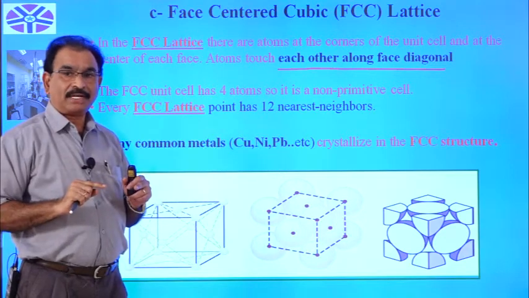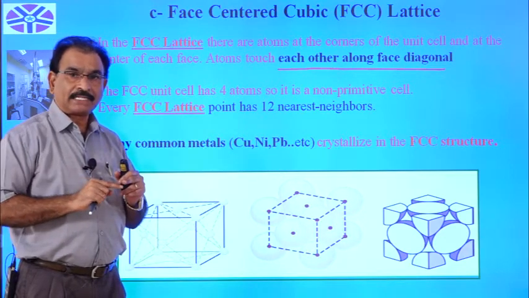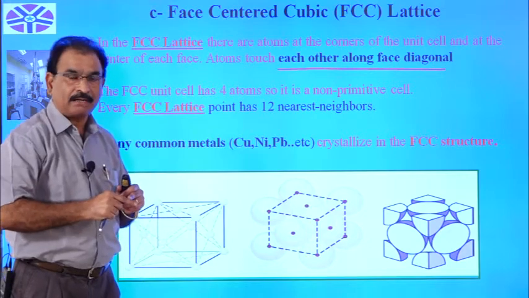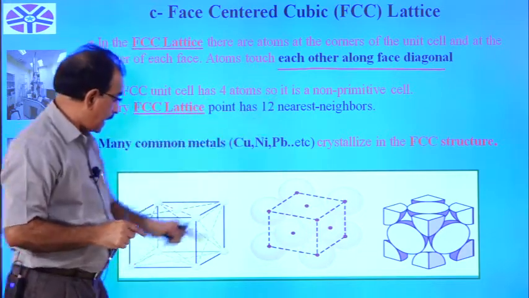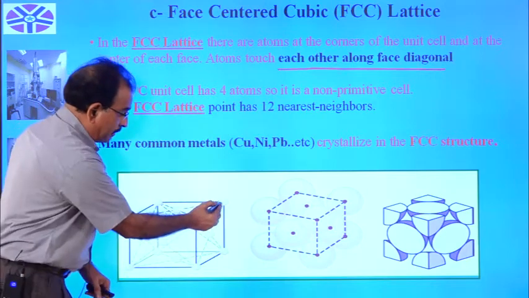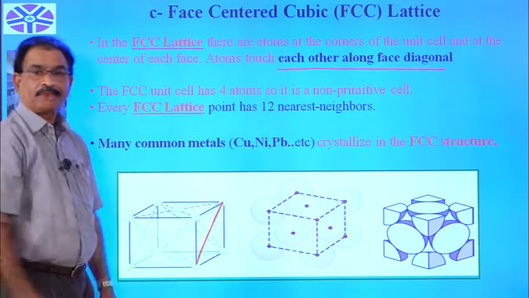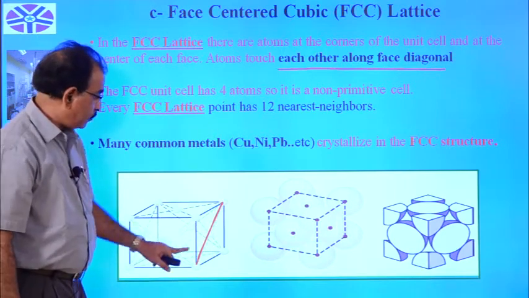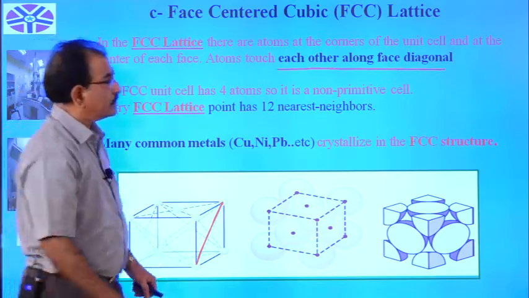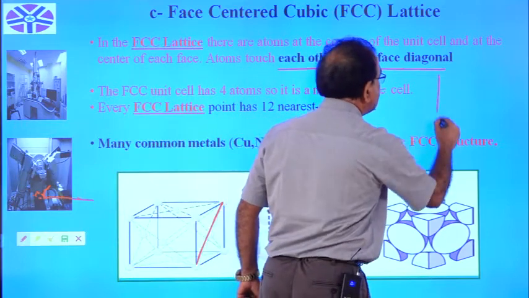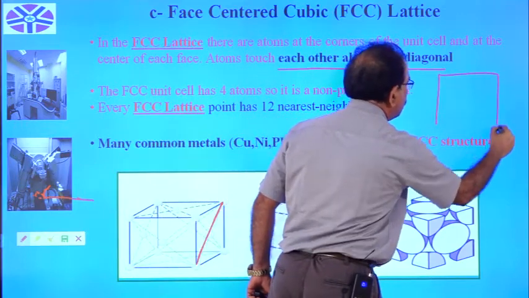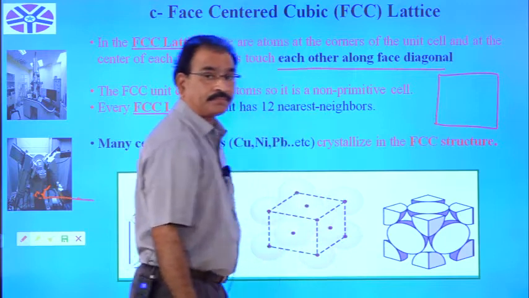In case of body center cube, atoms are touching along the body diagonal, whereas in this case atoms touch along the face diagonal. So, this is the face diagonal, right. If you take one face, it is nothing but a square.